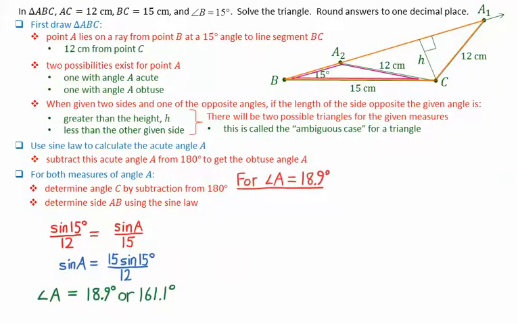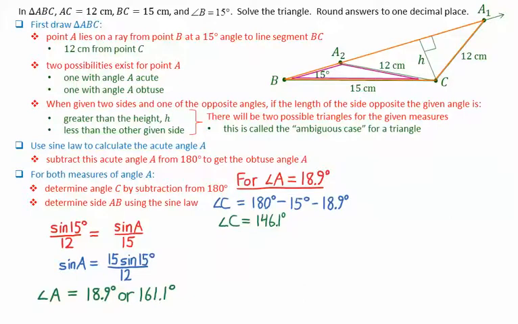We will first use angle A being 18.9 degrees and calculating angle C as 180 degrees minus 15 degrees minus 18.9 degrees. This gives angle C equals 146.1 degrees.